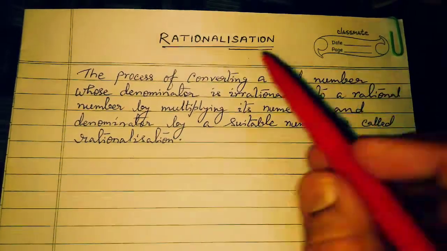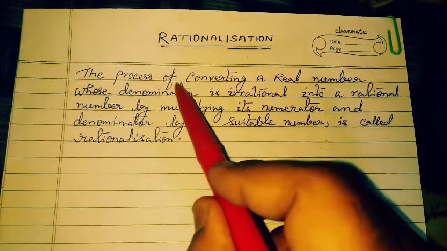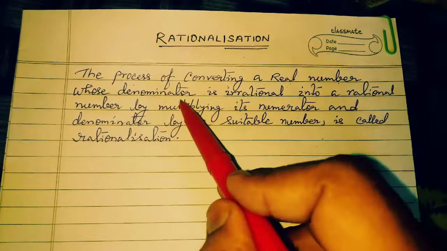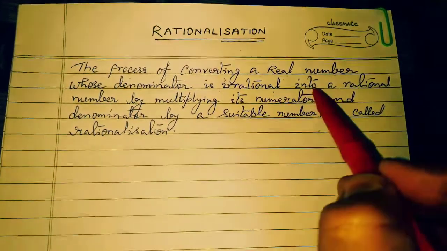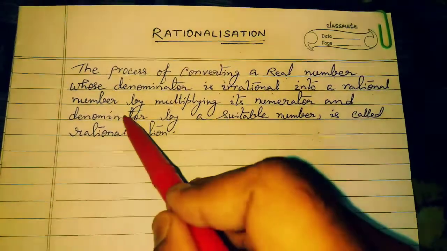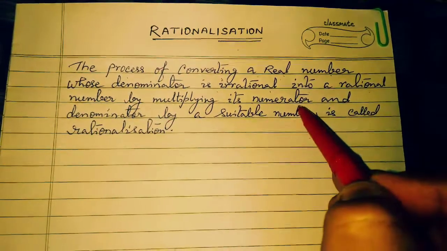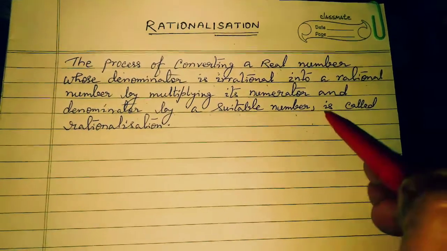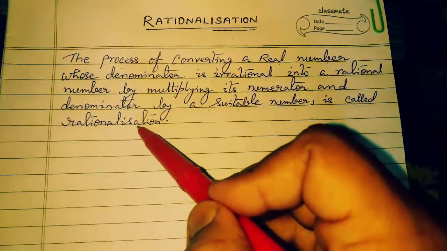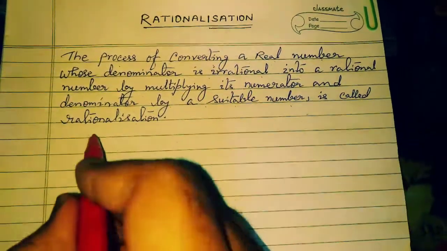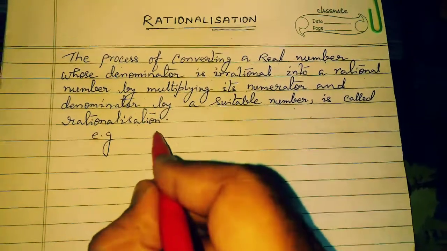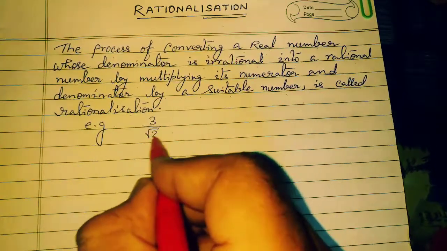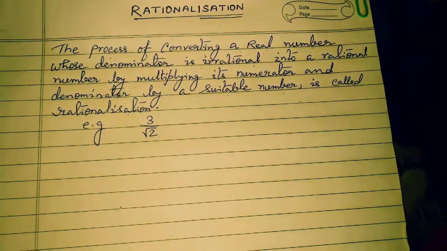So what is rationalization? The process of converting a real number whose denominator is irrational into a rational number by multiplying its numerator and denominator by a suitable number is called rationalization. I'm giving you an example. Suppose 3 by root 2 is given.